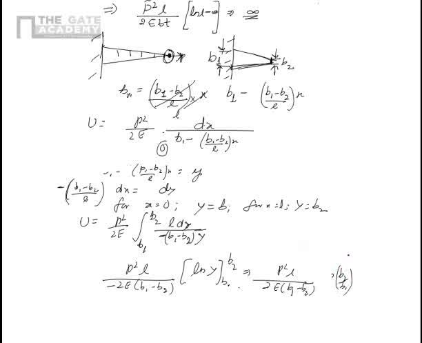Now, obviously b2 is smaller than b1, so this quantity will be negative, and there is a negative sign outside. So I can always invert the thing. So it becomes P square L upon twice E b1 minus b2 into ln b1 upon b2. That's the answer for this problem.